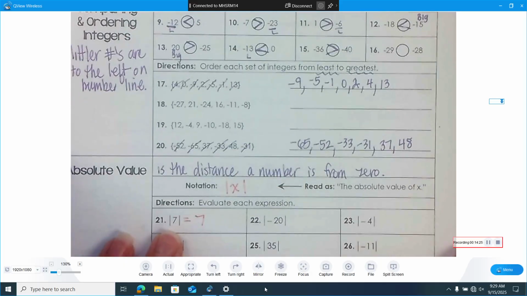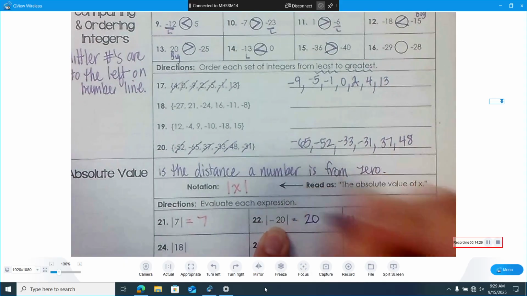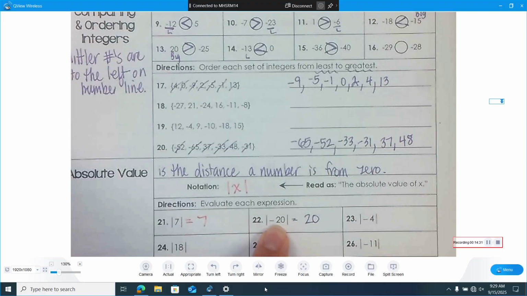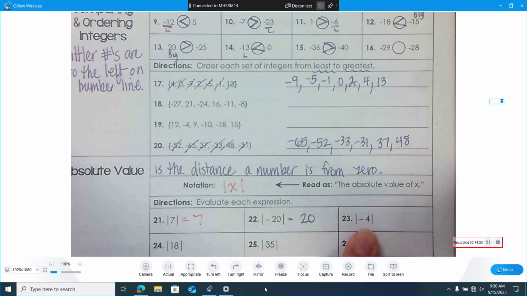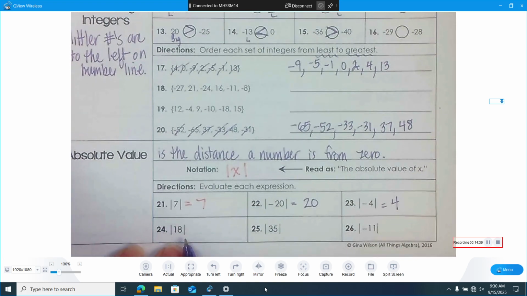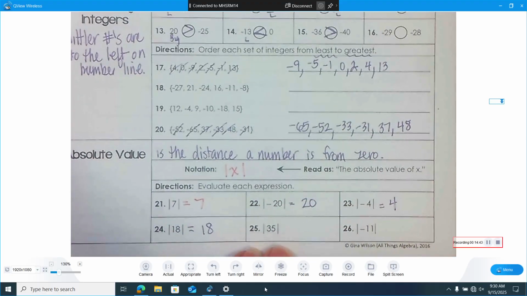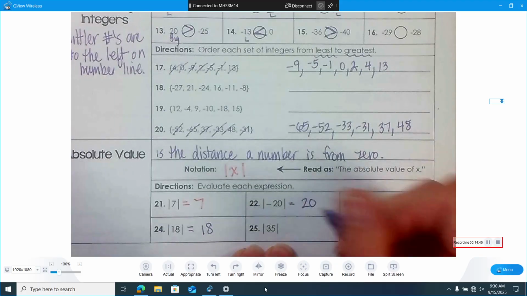All right. What's the absolute value of negative 20? 20. What's the absolute value of negative 4? 4. Yeah, it's a distance. It's always got to be positive. What's the absolute value of 18? Equals 18. Very good. What's the absolute value of 35? 35.